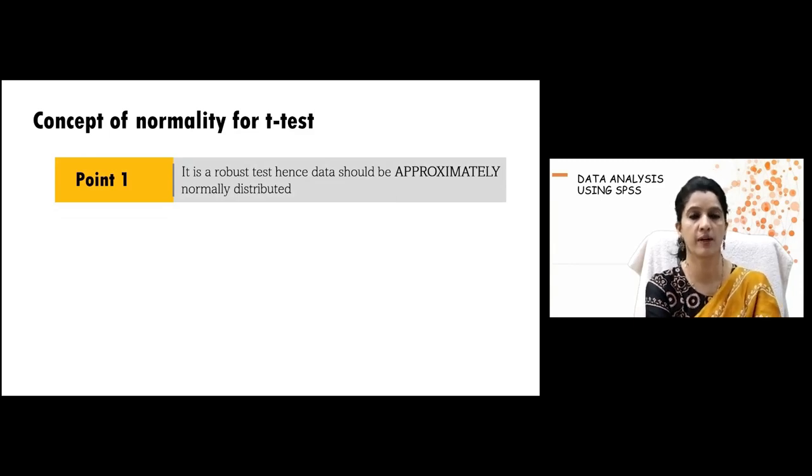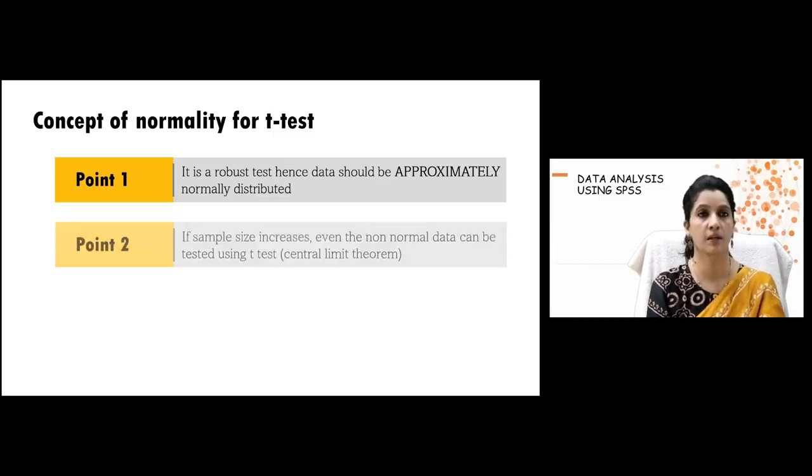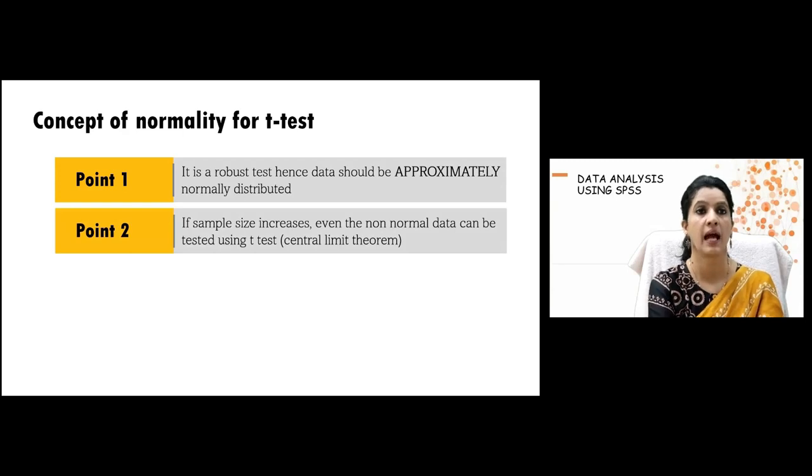The first important point is that the t-test is a robust test. That's why even if the data is only approximately normally distributed, you can run this test. And if the sample size is large, as we have seen, and Ashish was also asking, even non-normal data can be tested using the t-test.